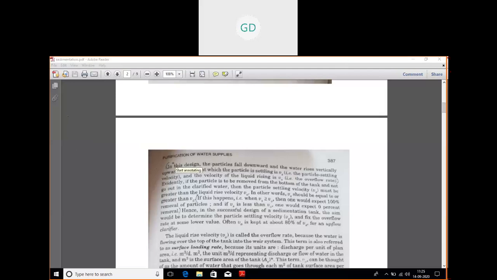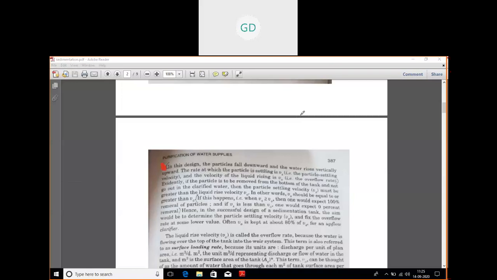You see here, in this design, the particles fall downward and the water rises vertically upward.